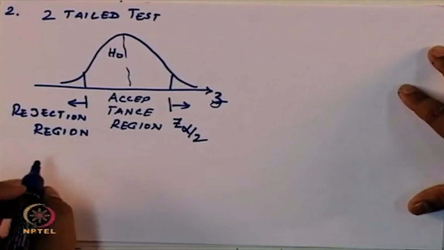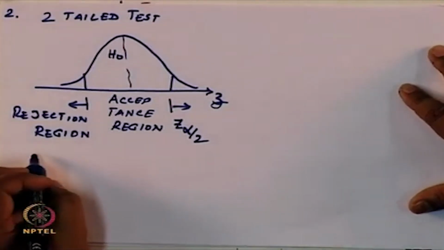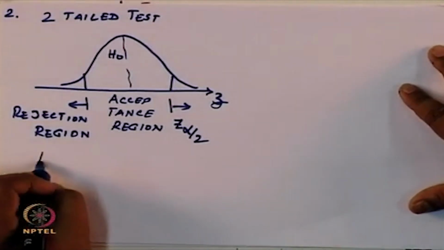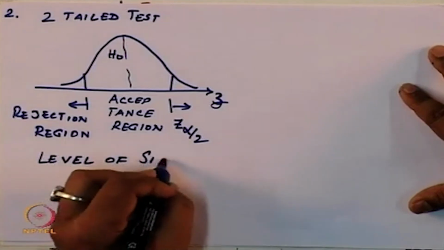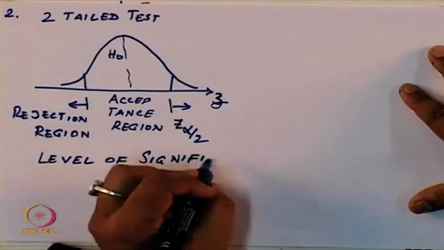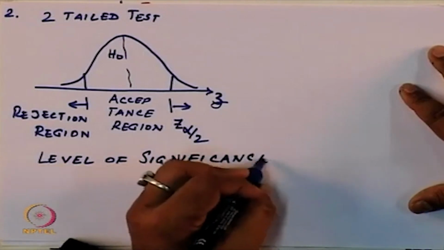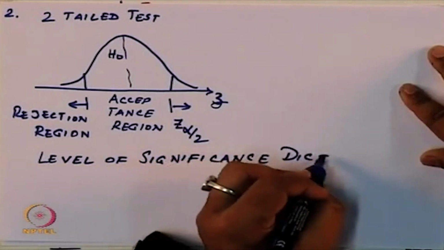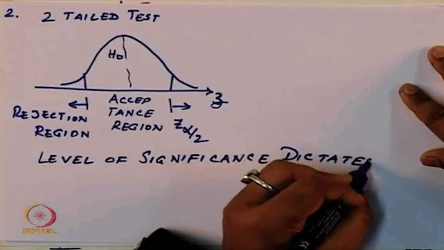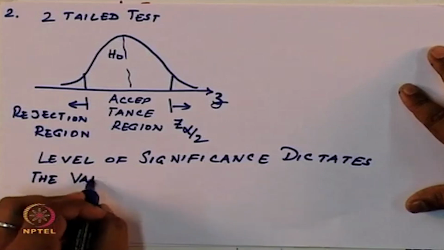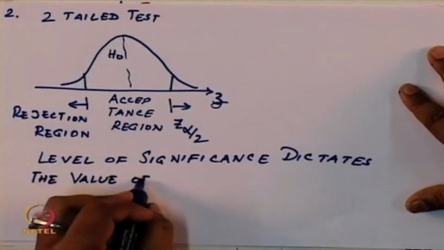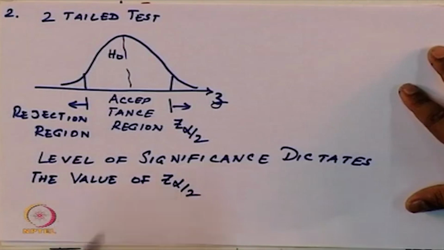So, the choice of z of alpha by 2 depends on the level of significance. So, the level of significance dictates the value of z of alpha by 2.